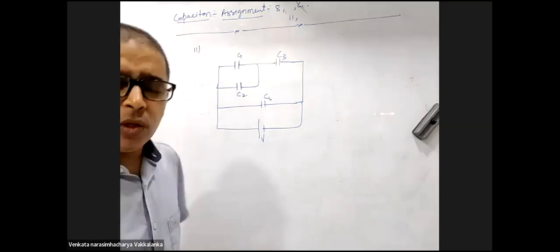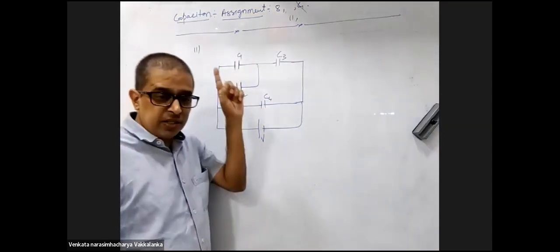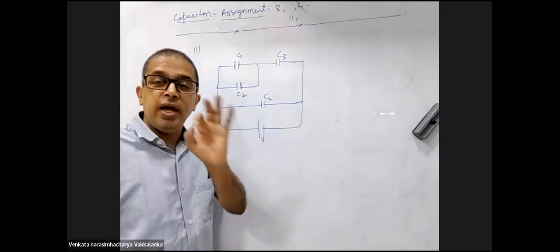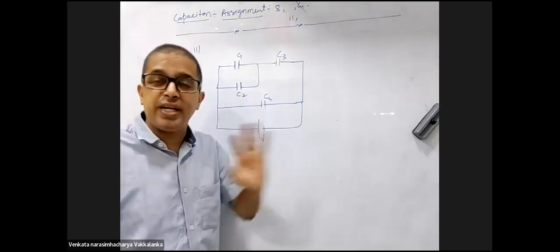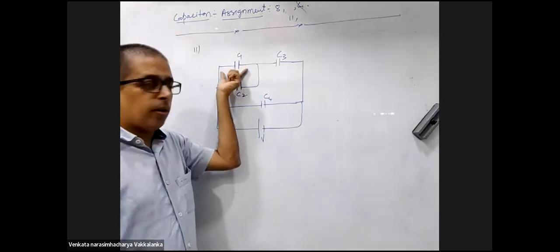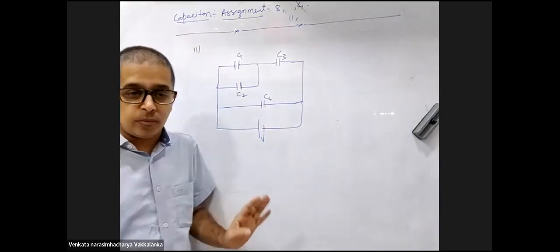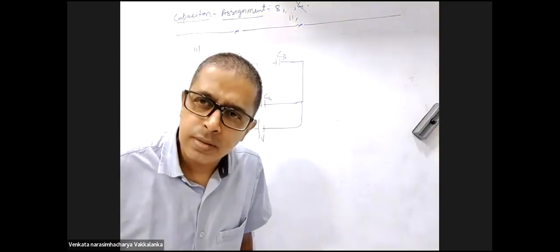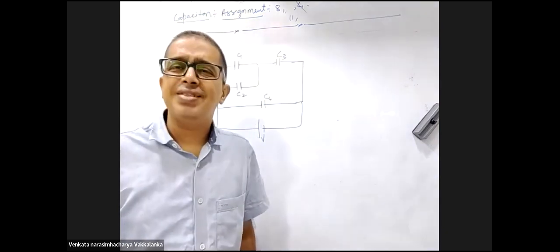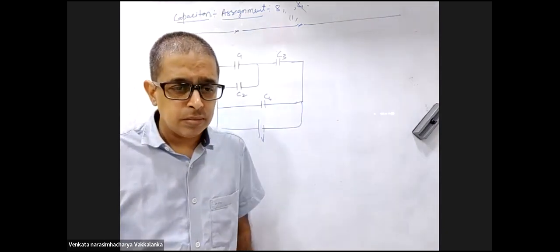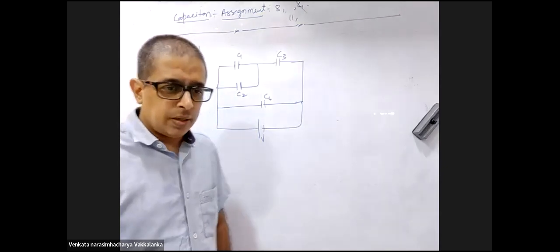They are telling you breakdown voltages. That means if C1's breakdown voltage is 60, it cannot have a potential greater than 60. The moment you apply a potential greater than 60, C1 will break down. This is the language to be understood. Yes or no? Yes, sir. Right?